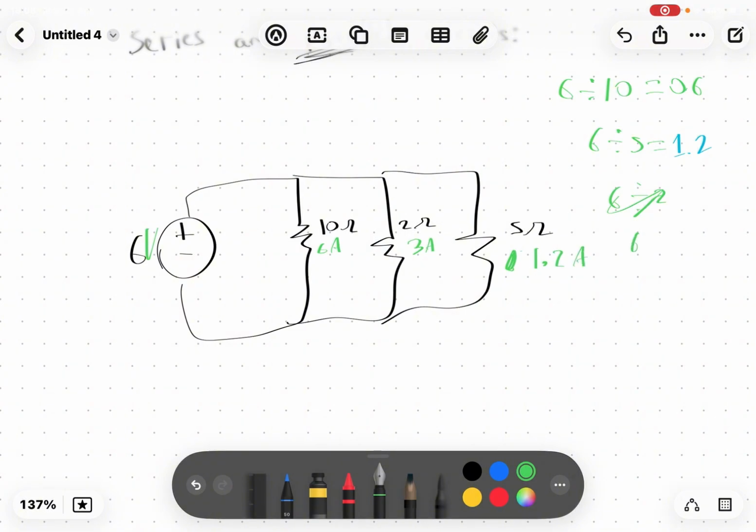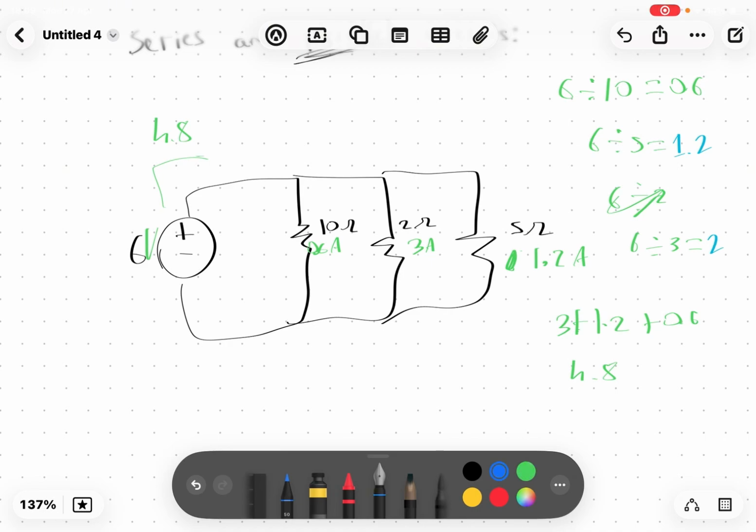And just to make sure that I did it right, that's 0.6. So now, from what we know, we can add all of these: 3 plus 1.2 plus 0.6, 4.8. So the total current is 4.8.